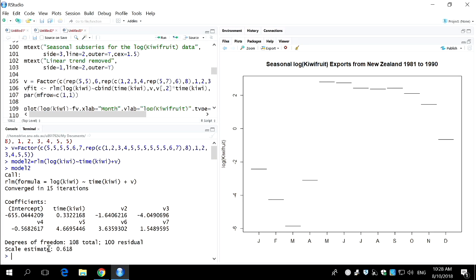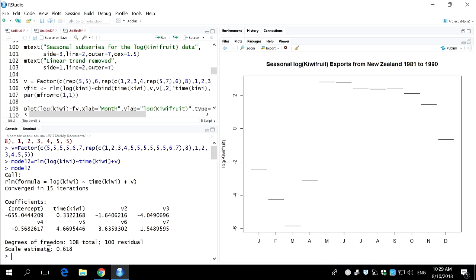So all of these are the same now, forced to be the same, 4.66, then November, December. So it's a much smaller model, probably with pretty similar explanatory power. If you wanted to compare those models, you could have a look at the R squared for each of them.